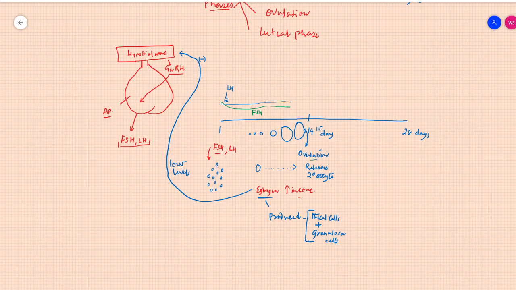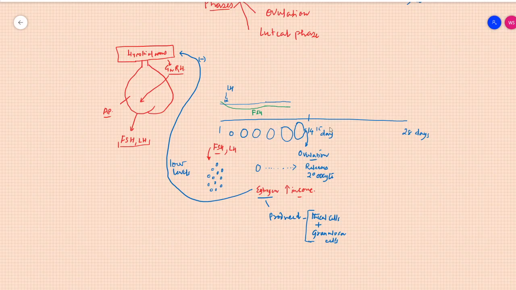On a relative scale, let's draw this better. Let's show this like that, and then it's a little bit bigger, and a little bit more bigger. So as the follicle is increasing in size, thecal cells and granulosa cells are increasing. As a result, estrogen is going to rise.